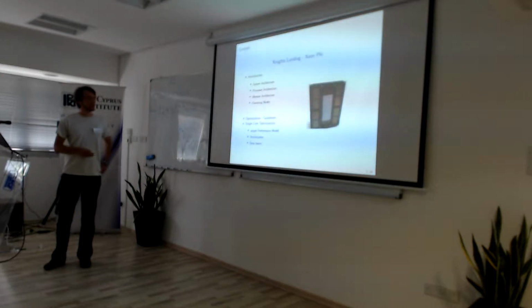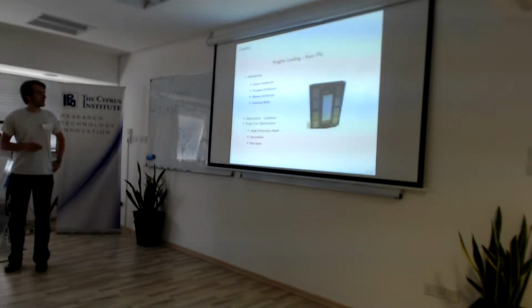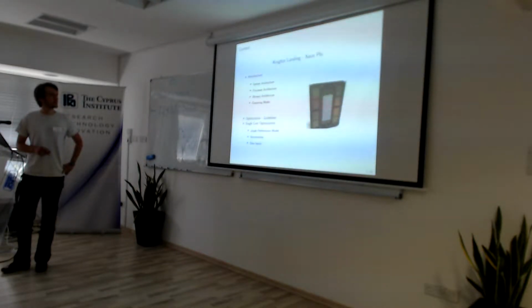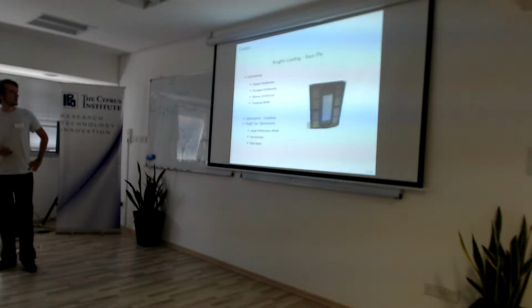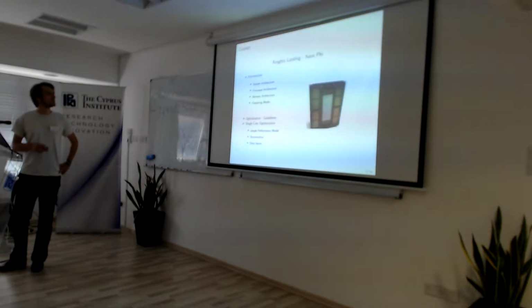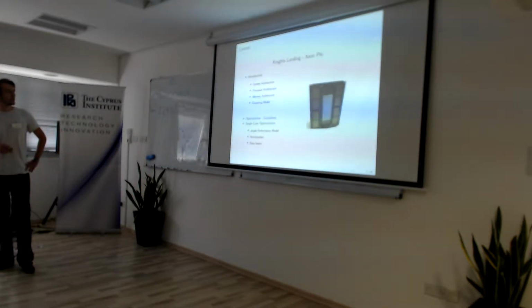Okay, so the content. First of all, I want to introduce a bit the architecture of the Knights Landing cards, the new generation of Xeon Phi processors. I want to talk a bit about the memory architecture and all the kinds of clustering modes one has.